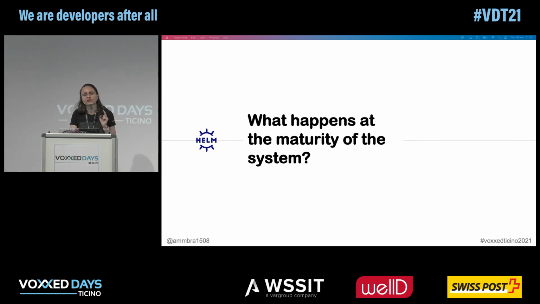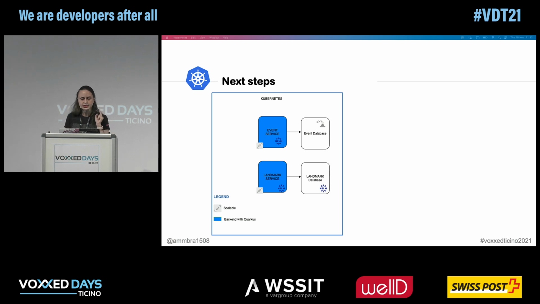But what happens at the maturity of a system? If we're looking at our system, we have now 2 microservices deployed, each with its database, which is nice and great. However, if we're thinking in the future and scaling this from 2 to 5 to 10, we're seeing that it's a little burdensome to manage our own stuff and the database, because databases need to be upgraded as well. You need to maintain them as well.